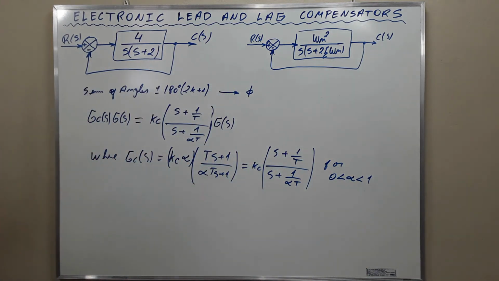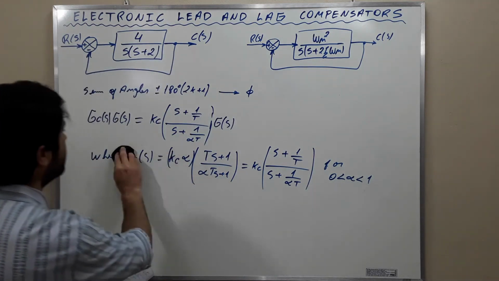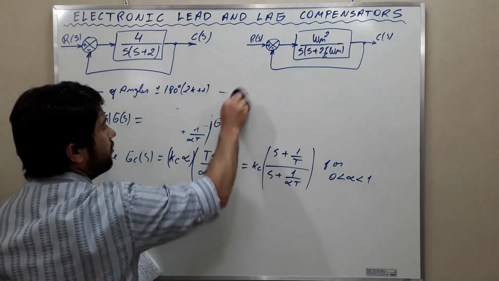When alpha is between 0 and 1, this works as a lead compensator. When alpha is greater than 1, this network works as a lag compensator. All right? Now, let's go over the procedures. This is one of the steps.